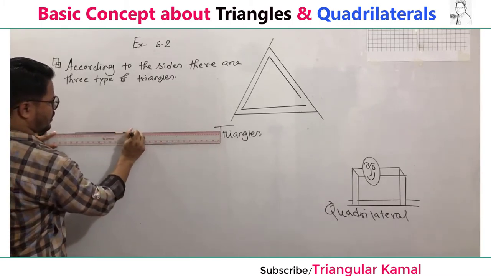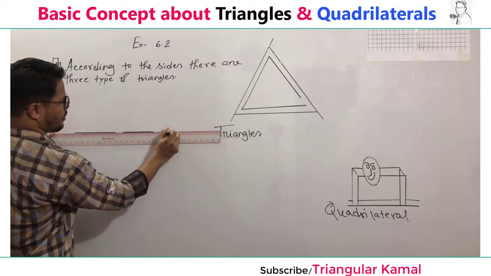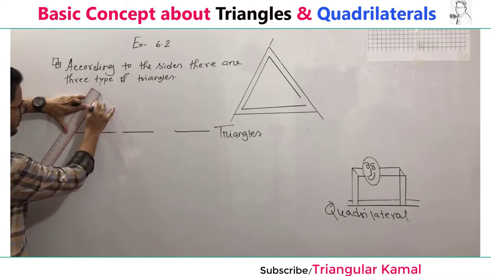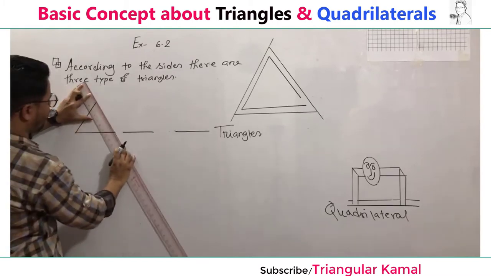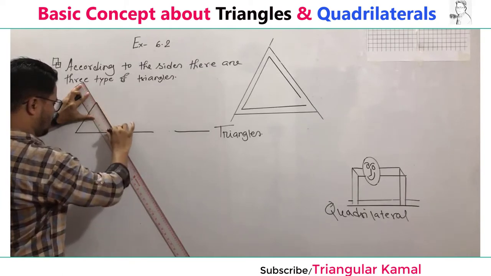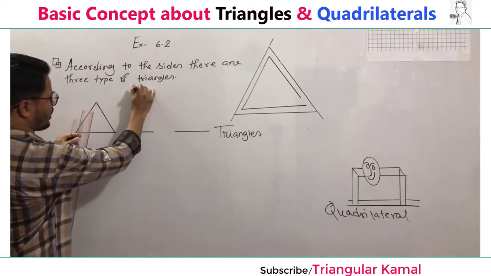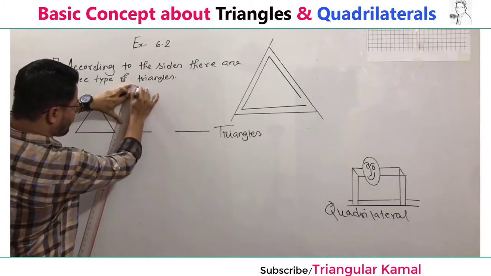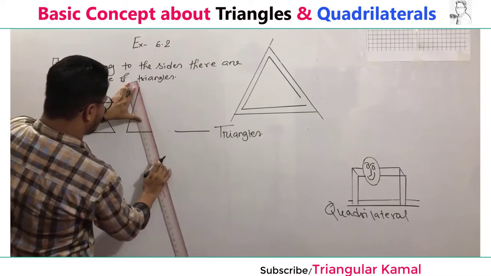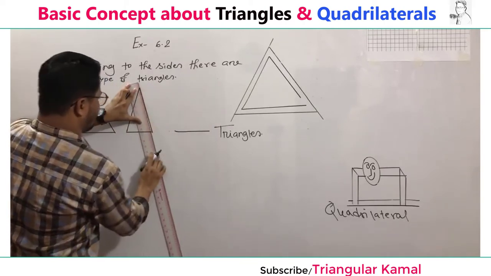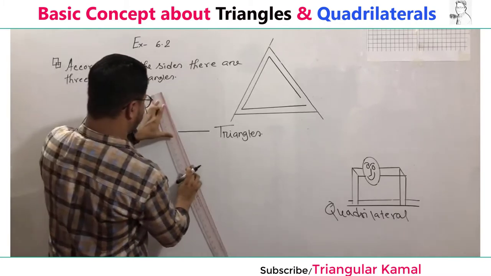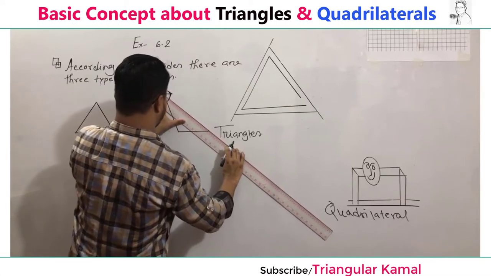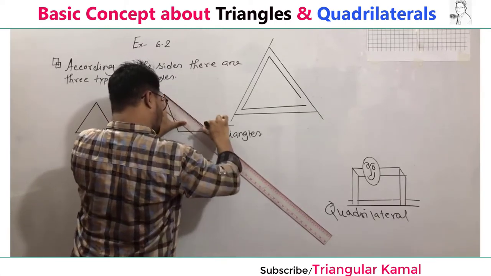First, second, and then third one. This is the first one. We will consider here all sides are equal. This will be equilateral triangle. When 2 sides are equal, the 2 sides are equal here. Then number 3, there is no equal side, and basically there will be 3 types of triangle.